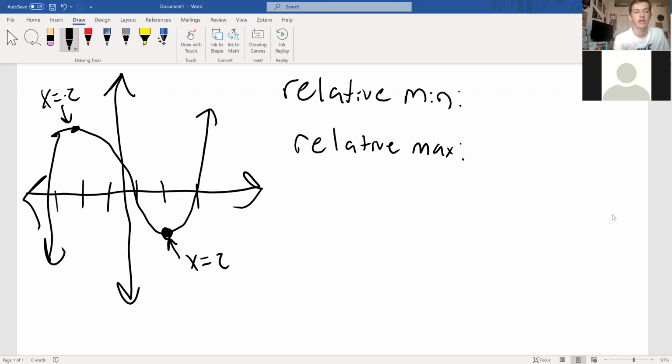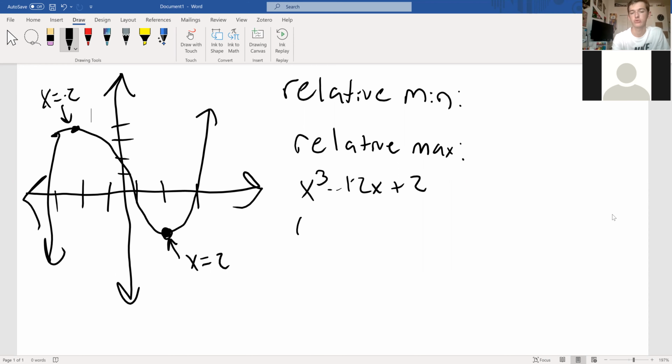Now, some graphs might have the y value visible on the graph. This one looks like it was somewhat difficult, so that's why they gave you the formula: x to the third minus 12x plus 2. So now you take these x values and plug them into your function to figure out the y value.